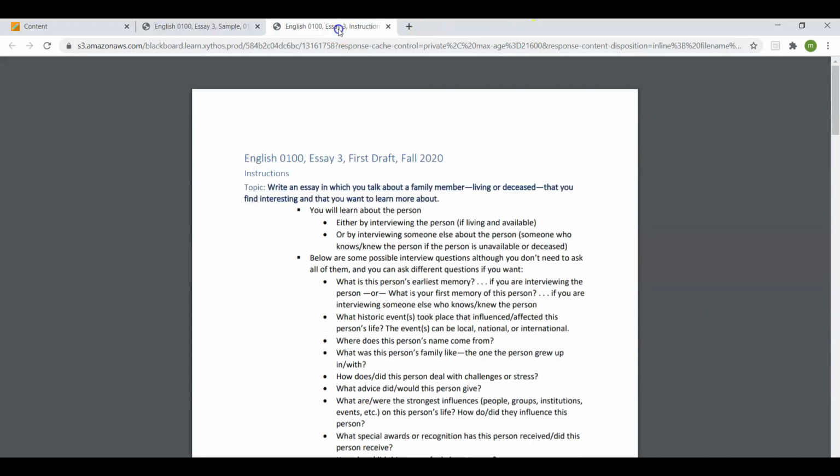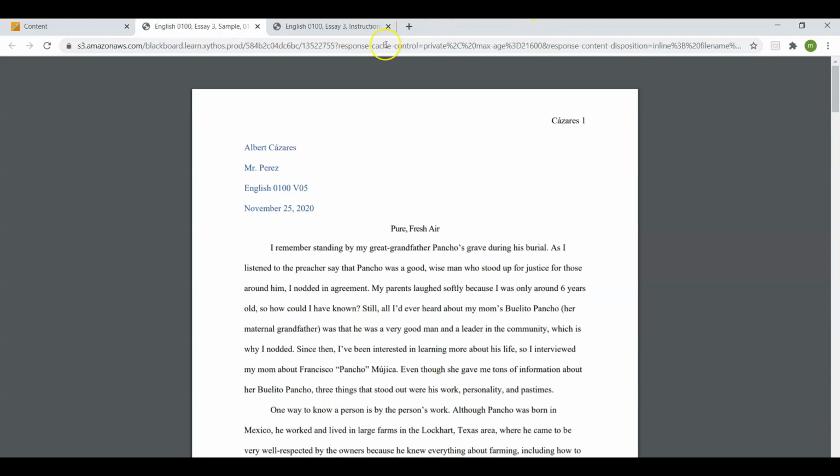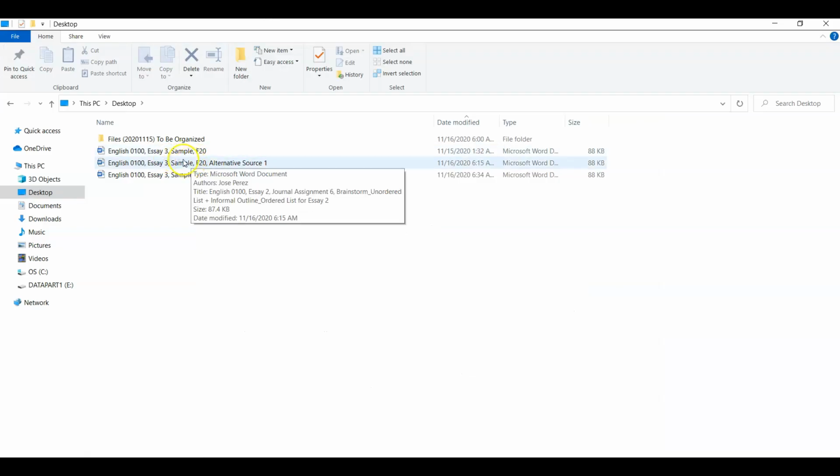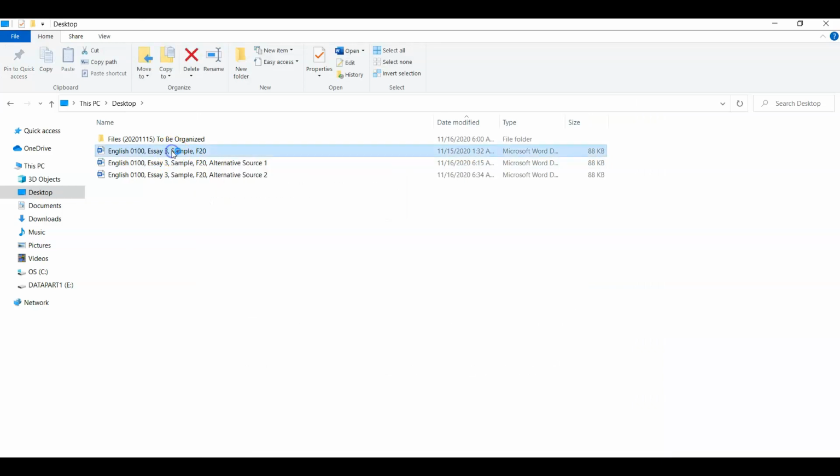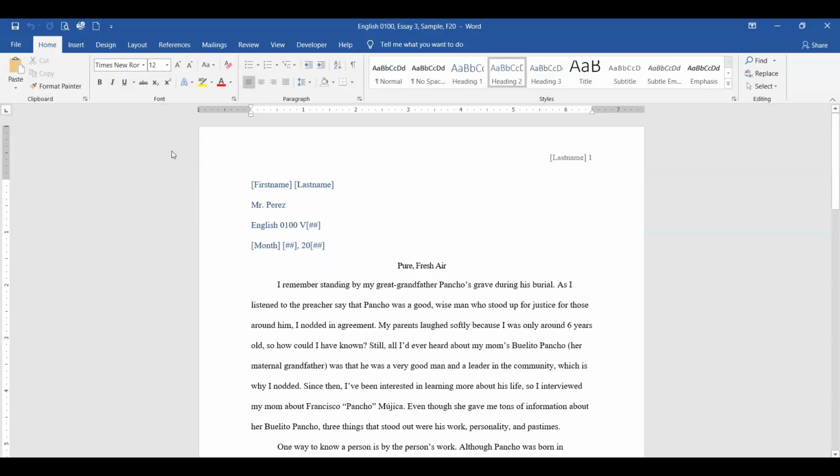Okay, so I'm leaving these two documents open so that I can refer to them during this video. I just have this stuff right here. I already opened the essay, but I'm opening it now as a Word document.